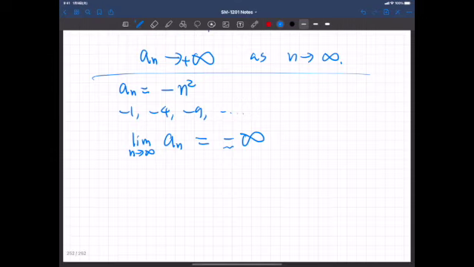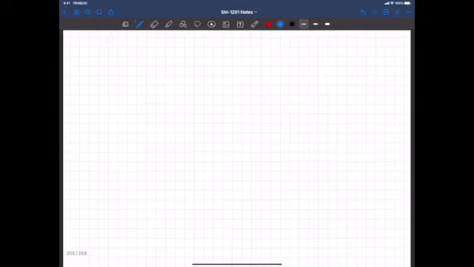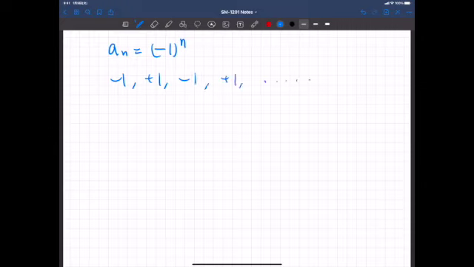Okay. And yet another example. Let's say an is -1 to the power of n. So what's this sequence? When n is 1, that's -1. When n is 2, that's +1. So it oscillates between -1 and +1 indefinitely.